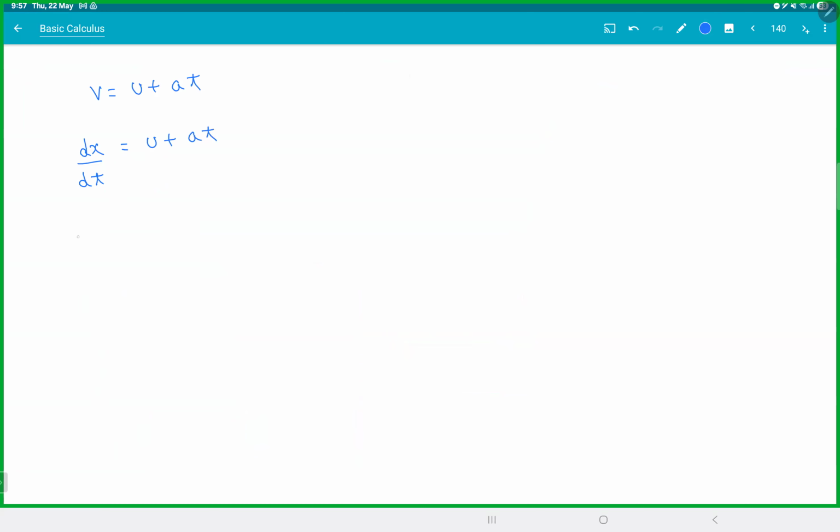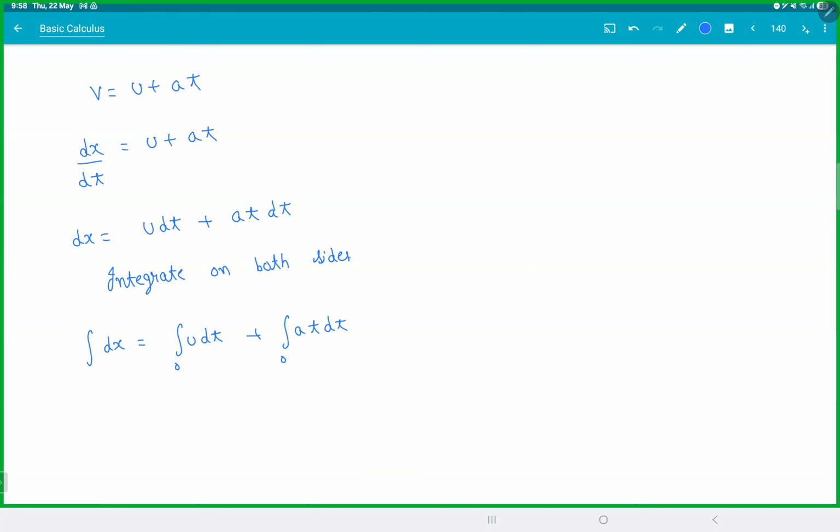Send dt that side. So dx will be u into dt plus a into t into dt. Again, integrate on both sides. This will be integral dx, integral u dt plus integral at dt.